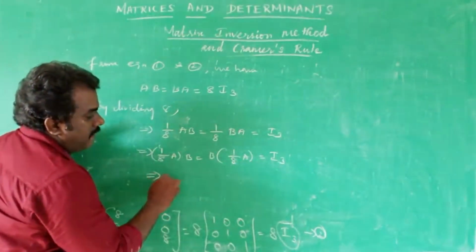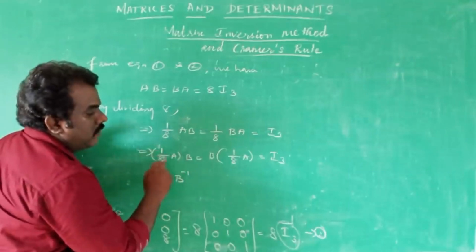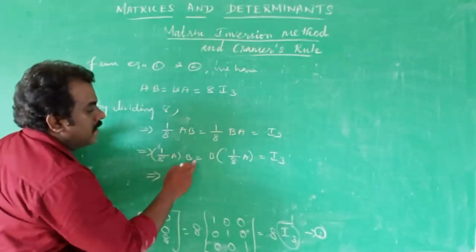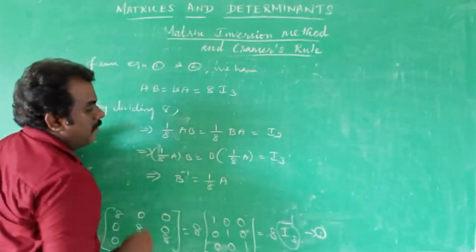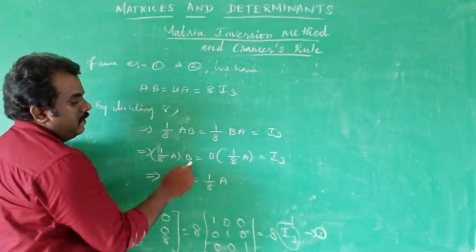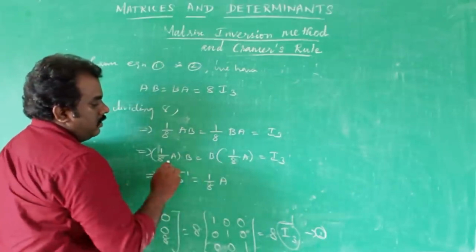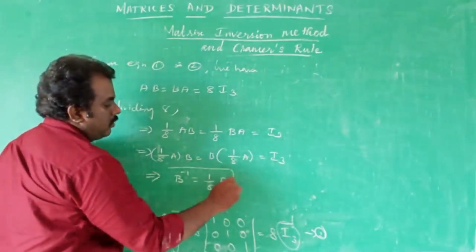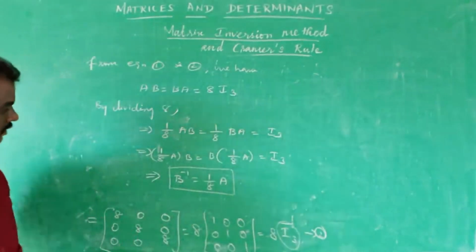So from this we get that B inverse is equal to 1 by 8 into A. So 1 by 8 into A is the inverse of B. For that reason we are getting the identity. These two are inverse of each other, then only we can get B inverse is equal to 1 by 8 into A.